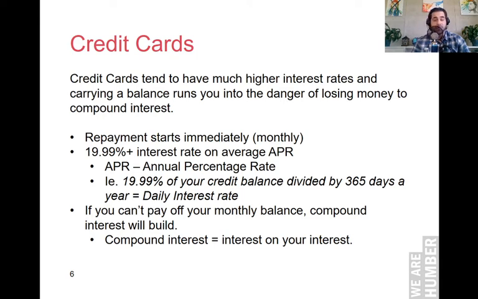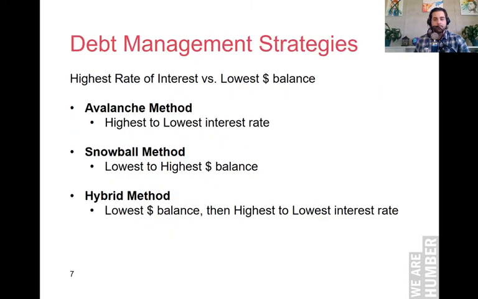A lot of the time we'll get lured in with benefits, maybe rewards cards and things like that. But if you're in a position where you're carrying a balance on your card constantly and you can't pay it off to zero before that repayment date comes up every month, you should be looking into a lower interest credit card. Okay? So let's take a look at how we can manage our debt.